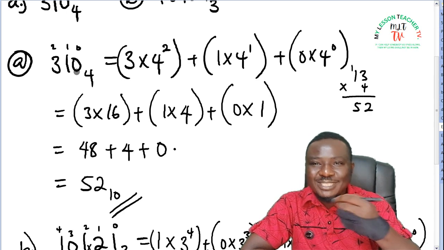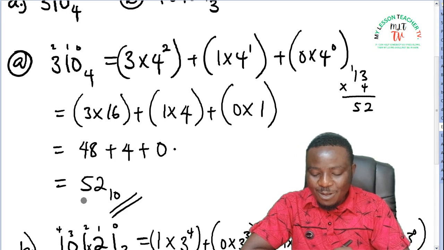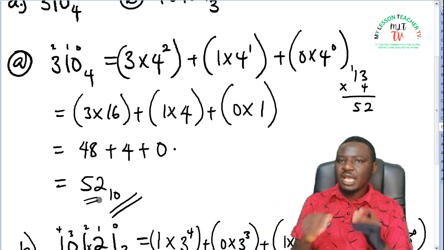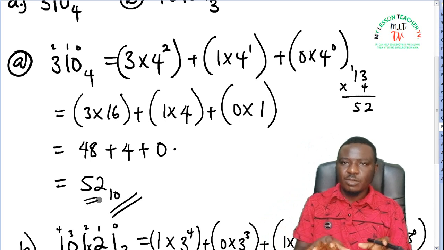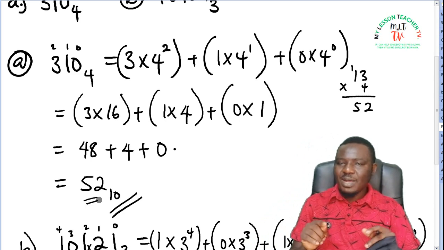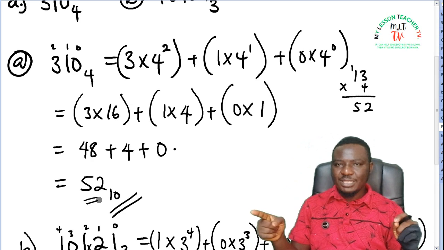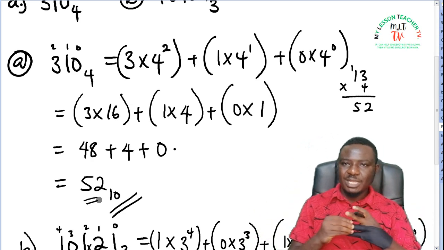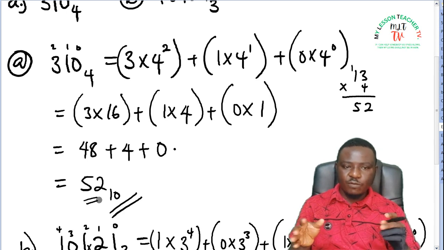And 52 plus 0 is 52, all in base 10. So without the use of a calculator and without the use of the expansion method, you can as well convert numbers from other bases down to base 10 using the multiplication method I just solved for you.